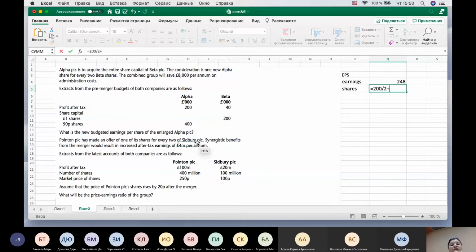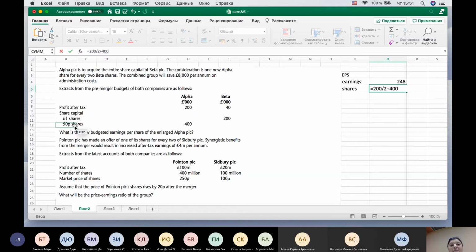Be very attentive: the nominal value of our shares is 50 pence, and the book value of our shares, the value at which our shares are reflected in the balance sheet, is £400,000.